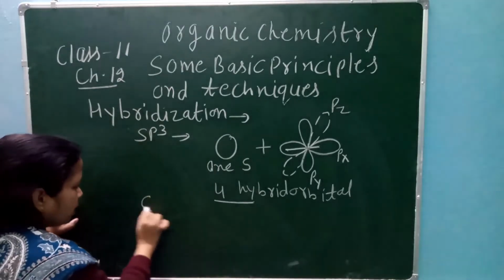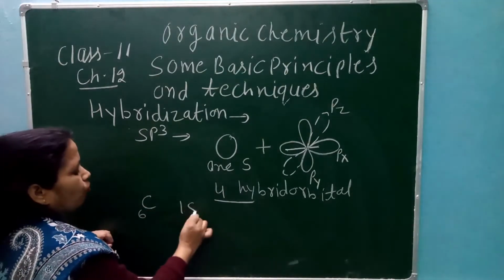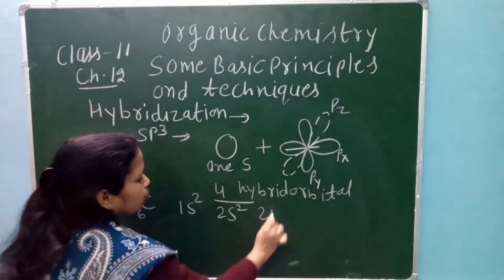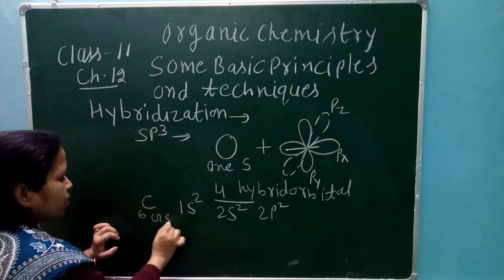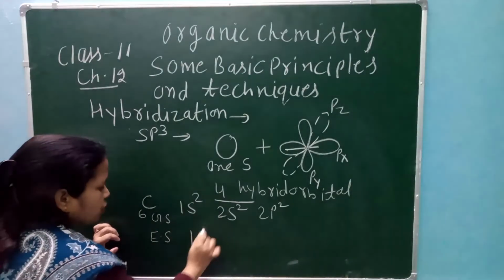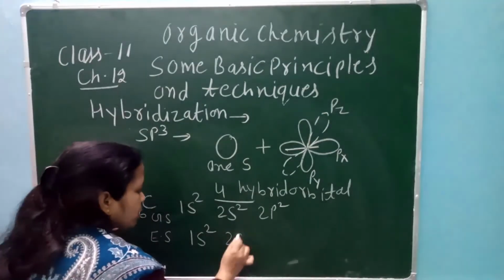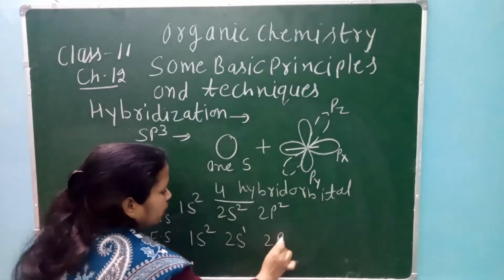Let's see. Carbon. In ground state 1s2, 2s2, 2p2. You can write in excited state 1s2, 2s1, and 2p3.